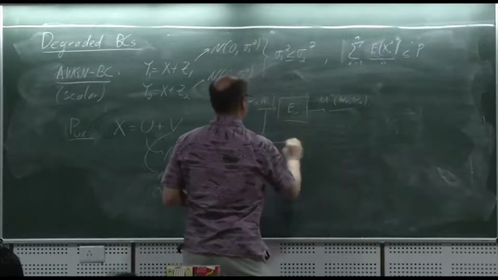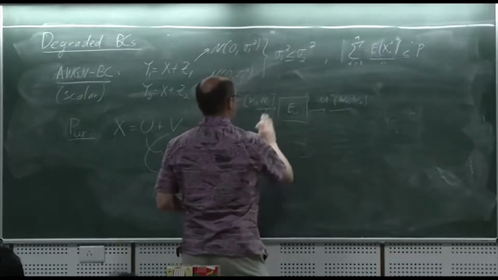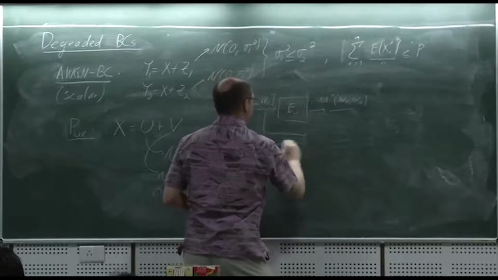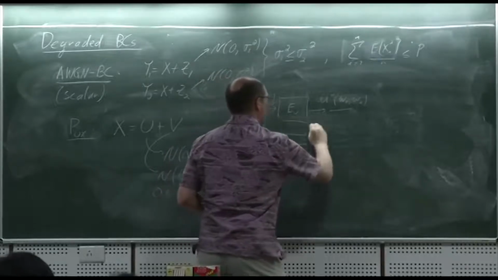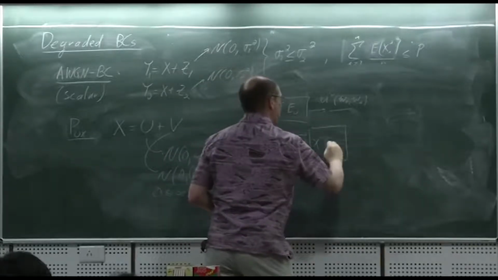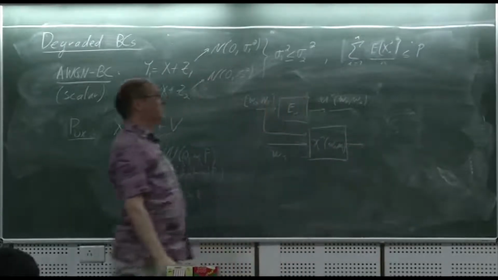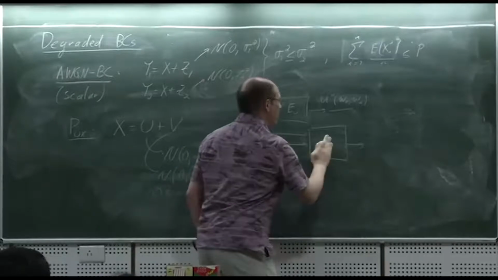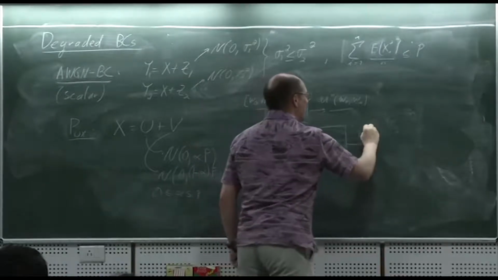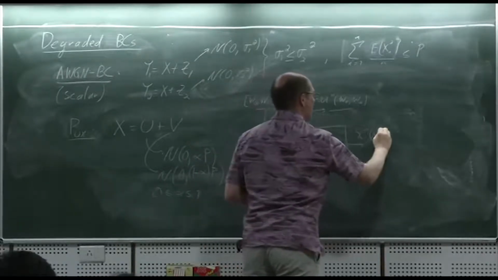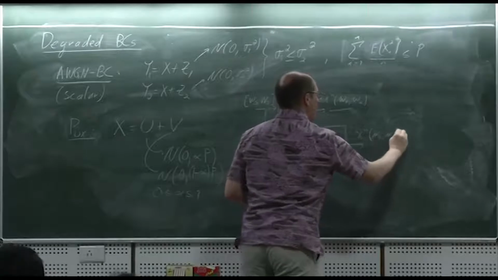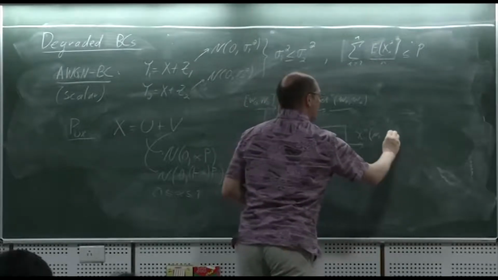We took W0 and added W1 and then put it directly into x. That's what we sent. In other words, this codebook never existed.